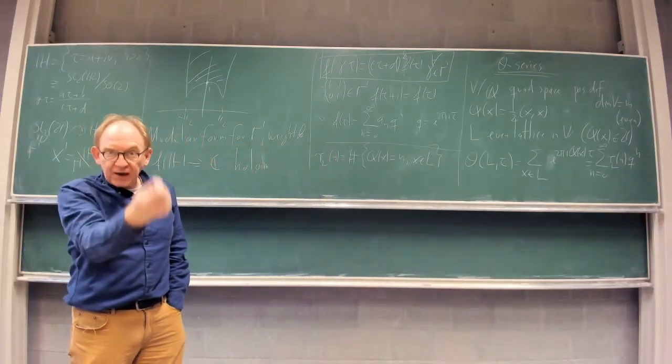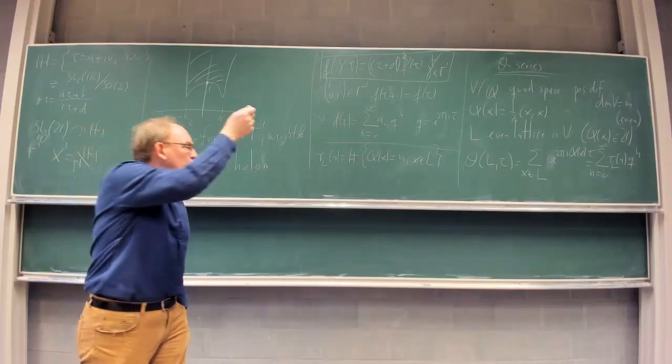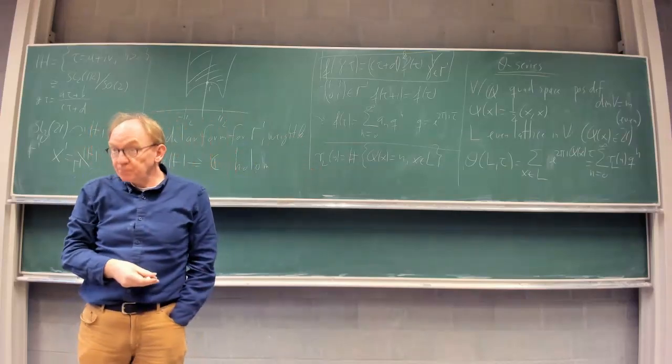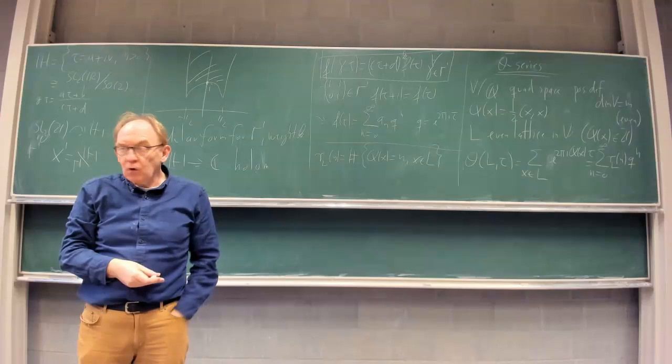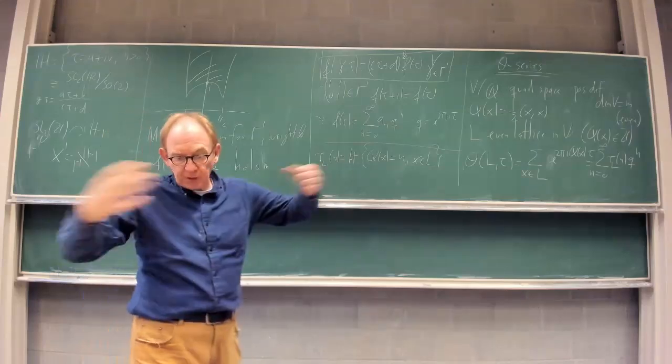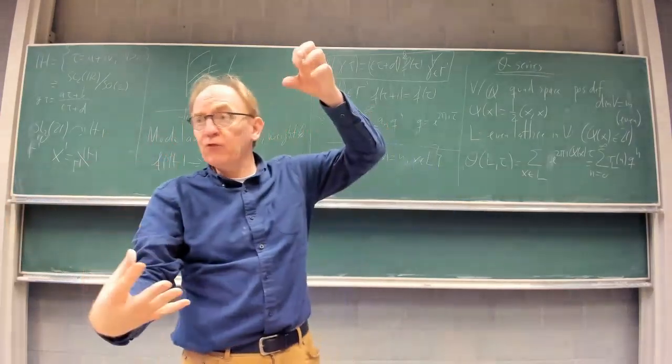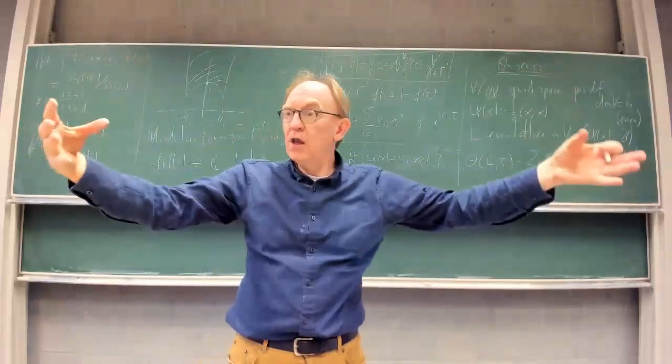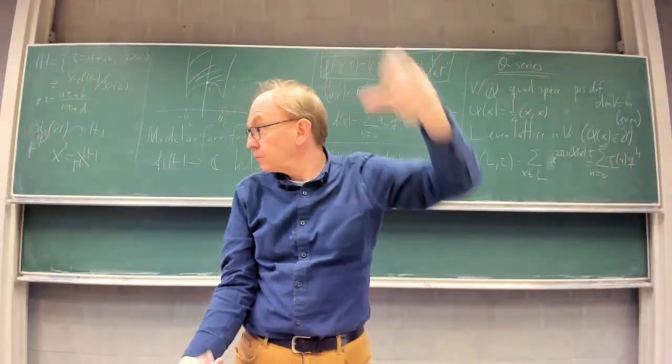So the number of vectors in your lattice of length n. Say your quadratic form is the sum of squares, then you're looking at the integral points on your sphere.